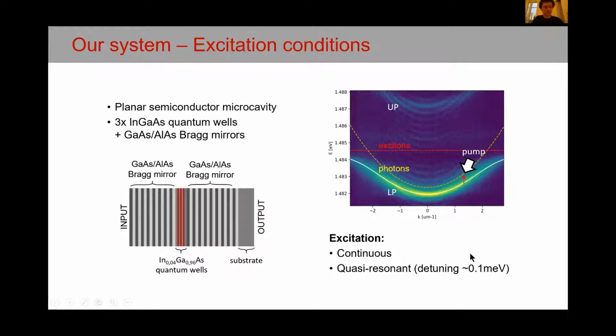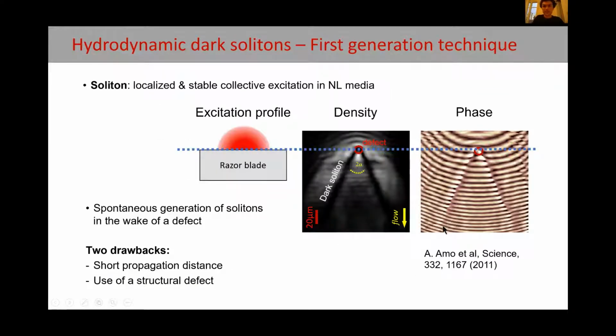So now that you know what our system is, what do we call the dark solitons that we seek to study in such 2D polariton fluids? So solitons, which have been observed in a wide diversity of nonlinear media, are localized and stable collective excitations resulting from the balance between the diffraction and the nonlinear effects of such media. In the case of 2D polariton fluids, they take the shape you can see here.